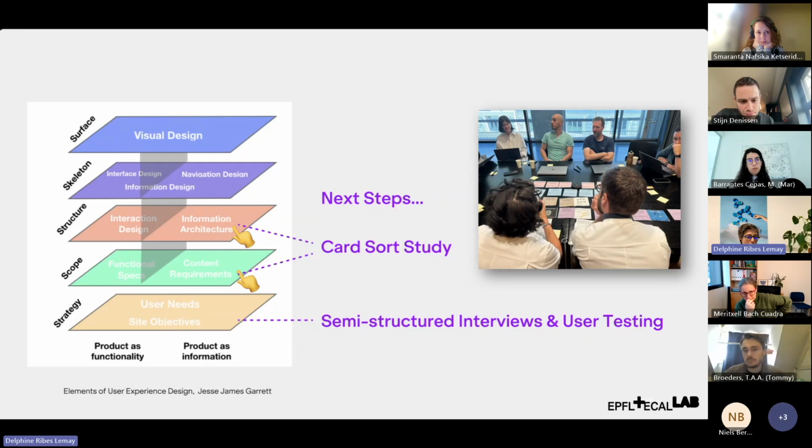This is not required for me as a clinician, but people in engineering say it's important because it will give you this information, etc. So it's a way to communicate and to find what will be the architecture of your software and of the information that will then allow you to design the user interface.